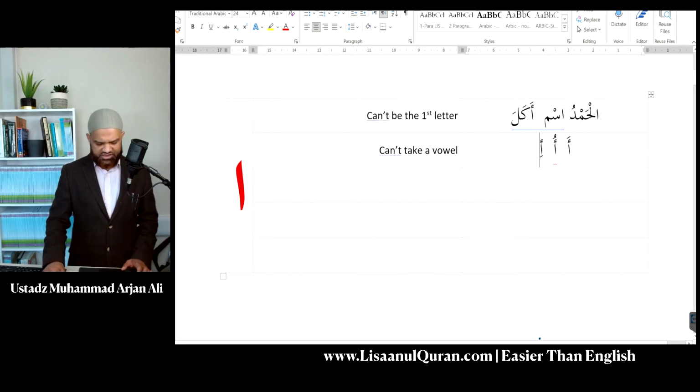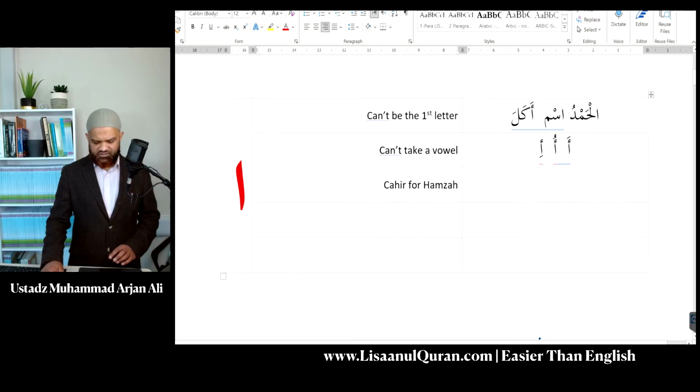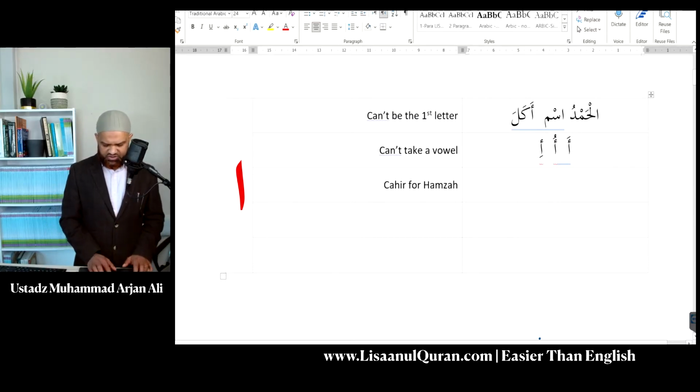Well, Alif acts as a chair for Hamza. One of the functions of Alif is that it acts as a chair for Hamza. So you will see Alif being used as a chair for Hamza. Let's take 3 examples. Akala, he ate.